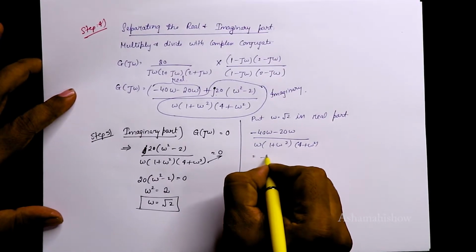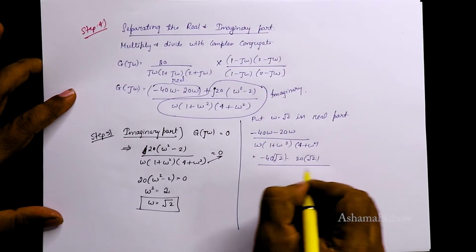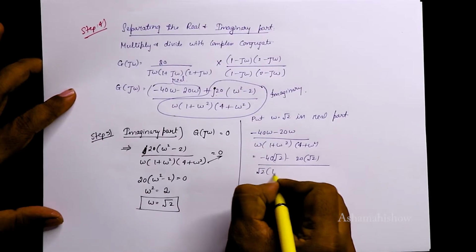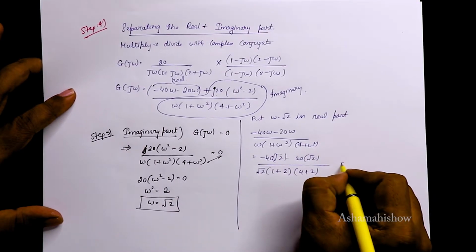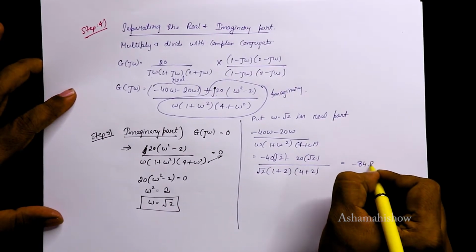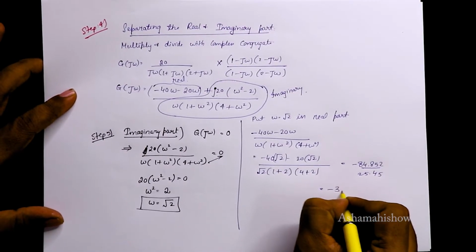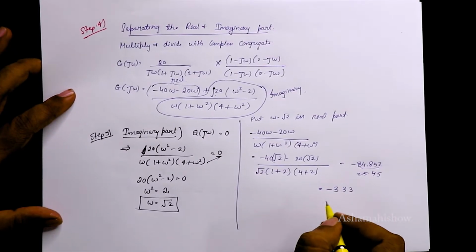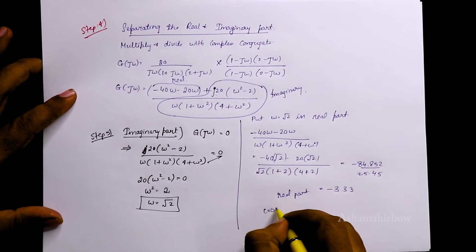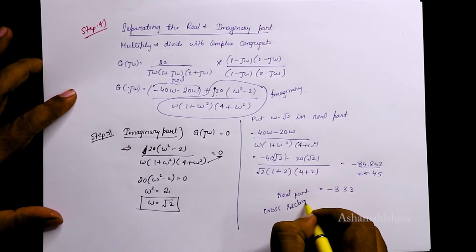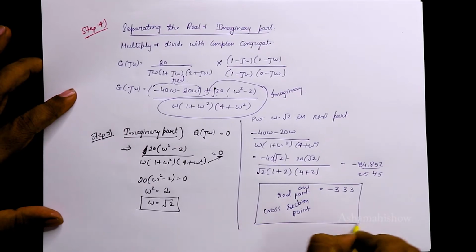If you put root 2 here, minus 40 into root 2 minus 20 root 2, by root 2 into, writing directly, 4 plus 2. So that becomes minus 84.852 by 25.45, that is minus 3.33. So your cross section point on the real axis is minus 3.33.